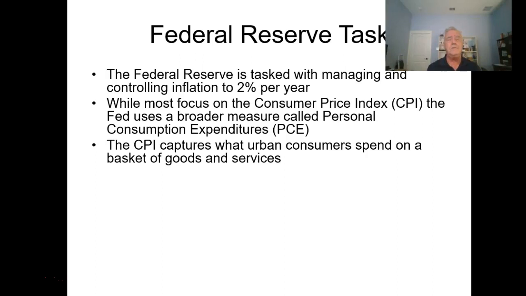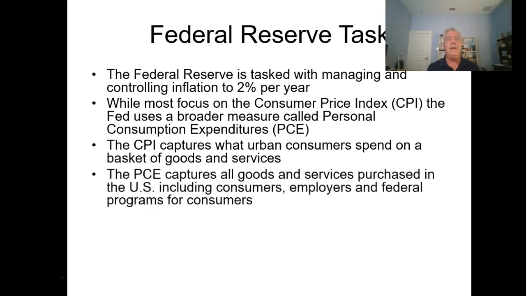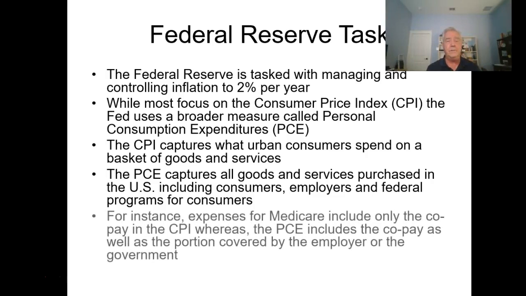So the CPI captures urban consumers' spending on a basket of goods and services, as I mentioned. The PCE, though, captures all goods and services in that, plus employer and federal programs for consumers, plus it also includes co-pays when you go to the doctor, Medicare expenses, things of that nature as well.